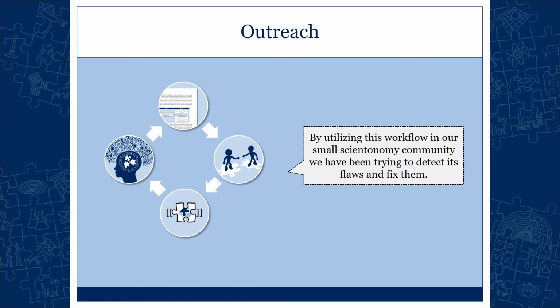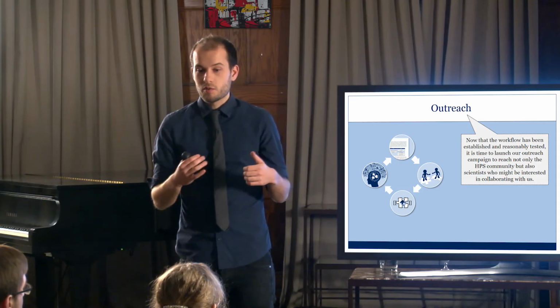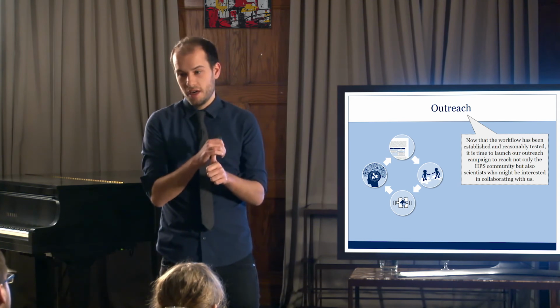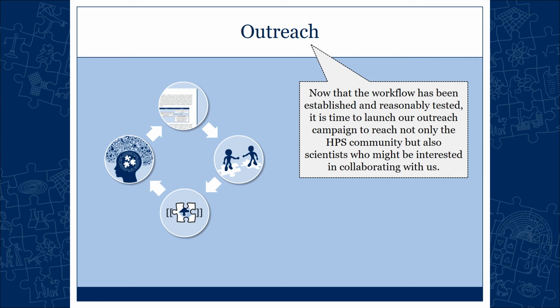So we've used it in our small Scientonomic community, and we've detected its flaws and fixed those flaws as best we can, and we think that it is something that actually works. So now that we've established it and reasonably tested it in our small, close-knit community, it's time to start our outreach campaign where we're going to reach out to scholars in HBS, to those historians and philosophers and sociologists of science, and also to scientists themselves.